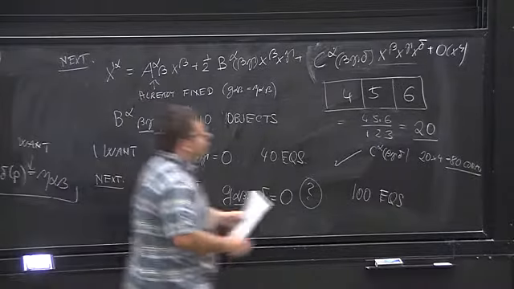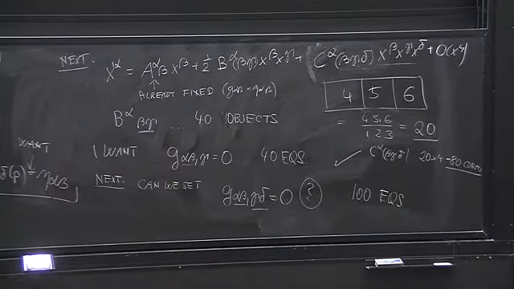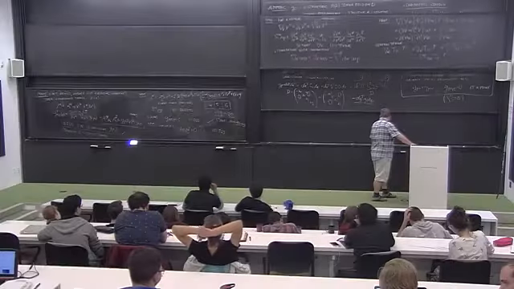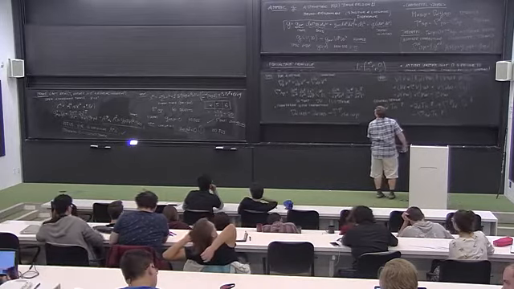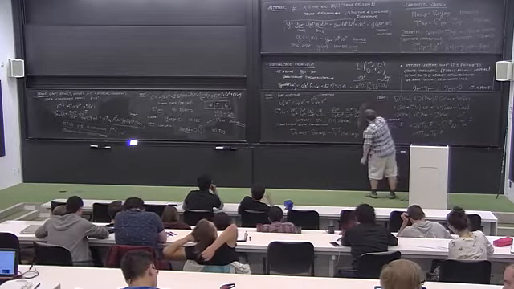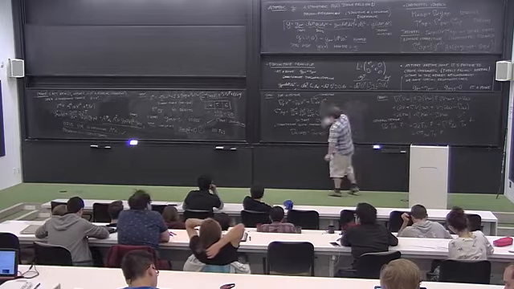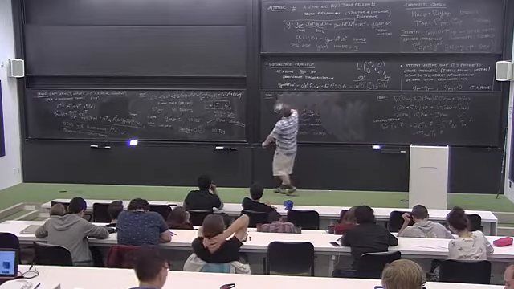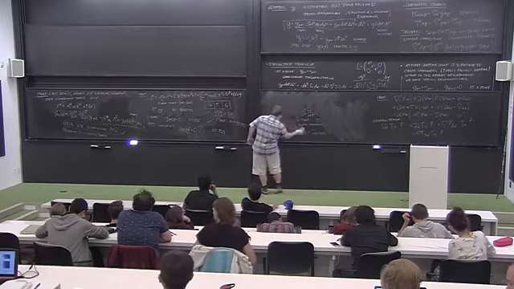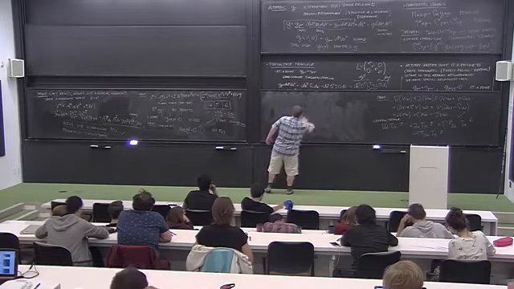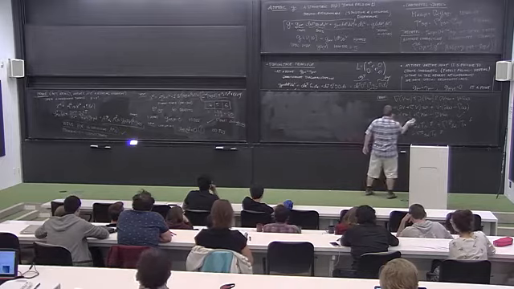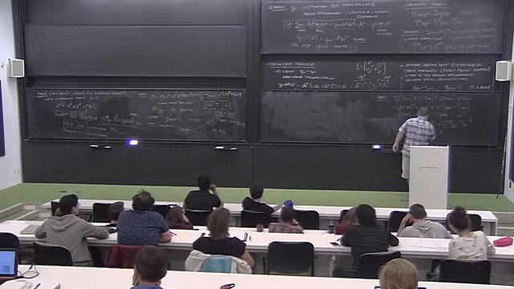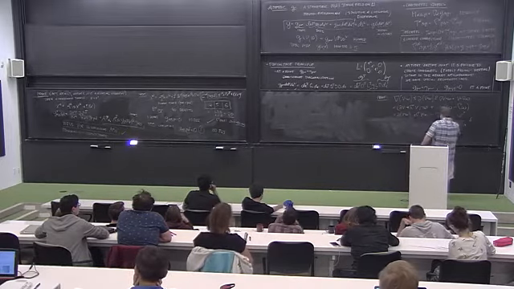So we missed 20 components. And that means that you can set almost all second derivatives of the metric equal to 0 apart from 20.